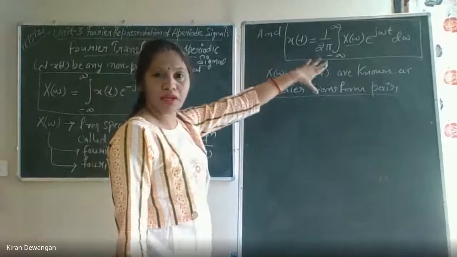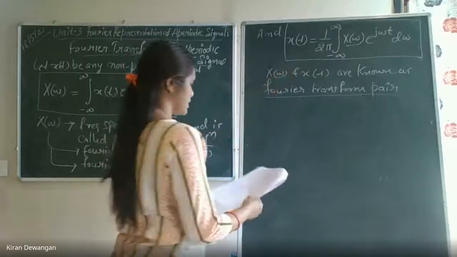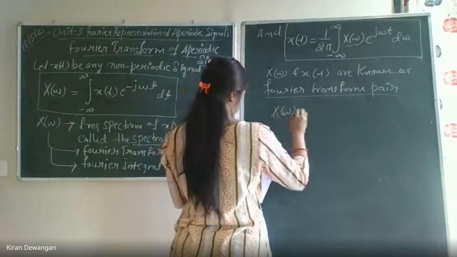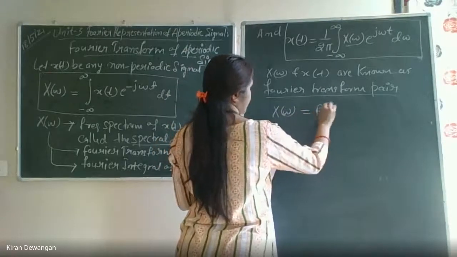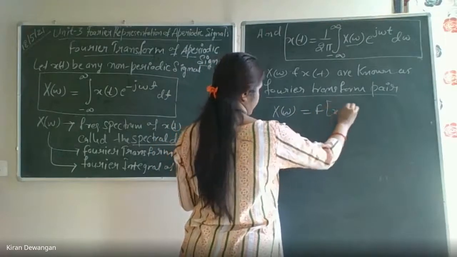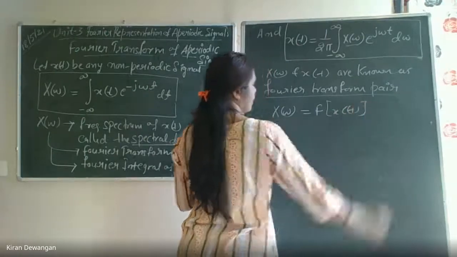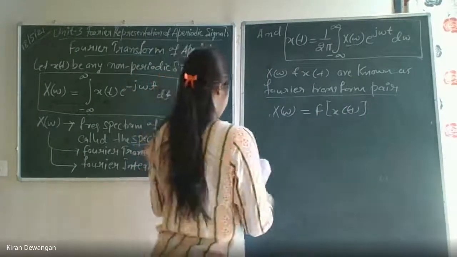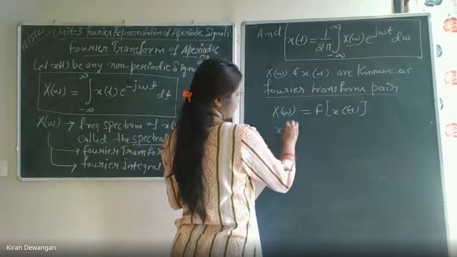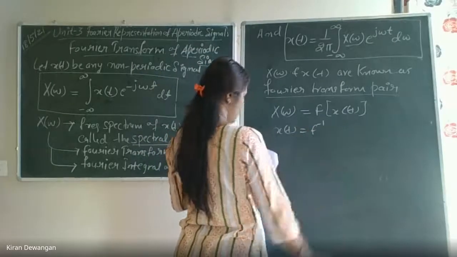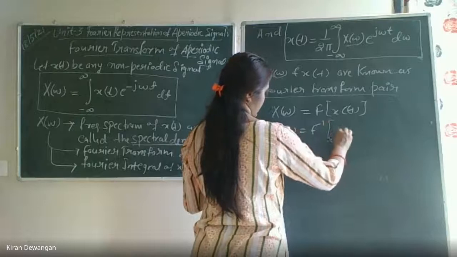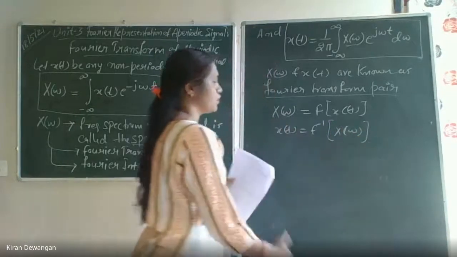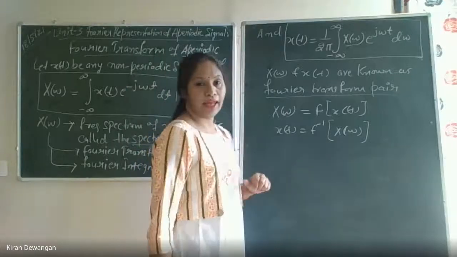From xt we get x omega, from x omega we get xt, and we are writing it as: x of omega will have the Fourier transform done on xt. X omega is the Fourier transform on xt, and if we are writing x of t, it will be the inverse Fourier transform done on x omega.